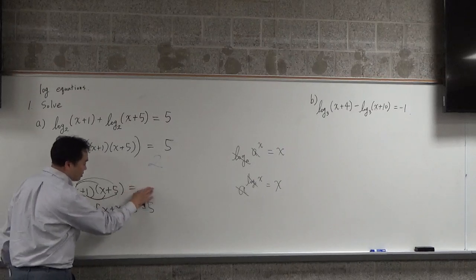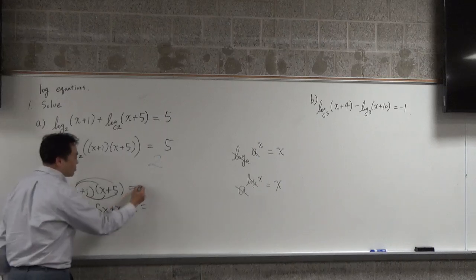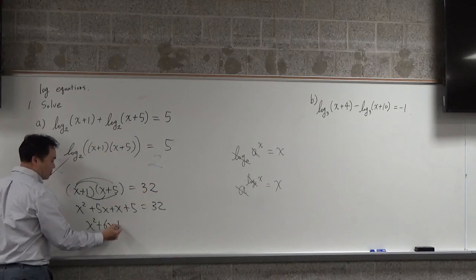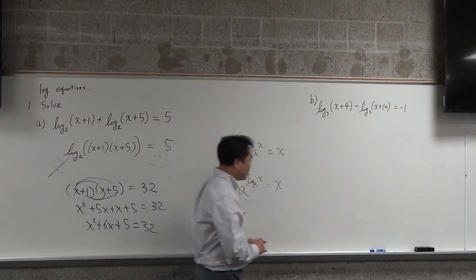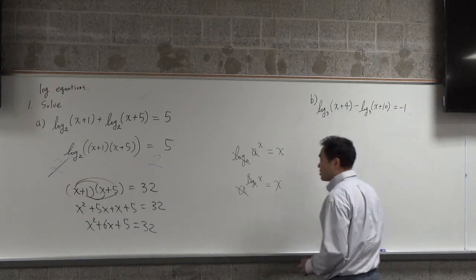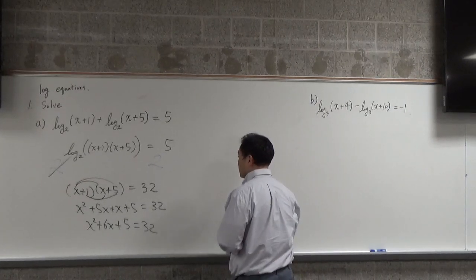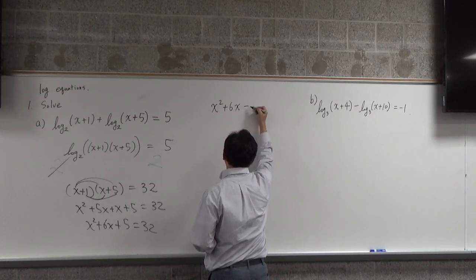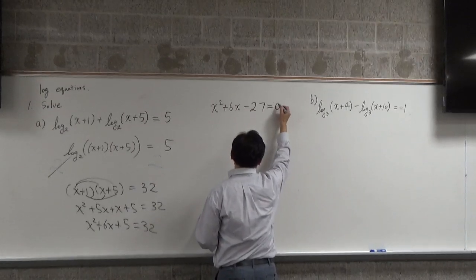Oh, sorry, that's not right. 2 to the 5. What's 2 to the 5? 32. Right. I knew something was wrong. So it's this, and then you subtract 32 from both sides, and you get x squared plus 6x minus 5 minus 32 is negative 27.